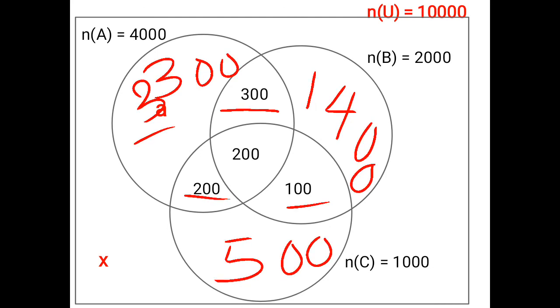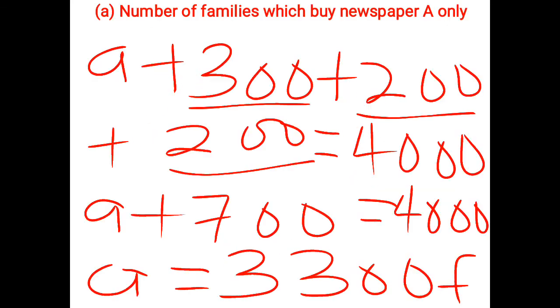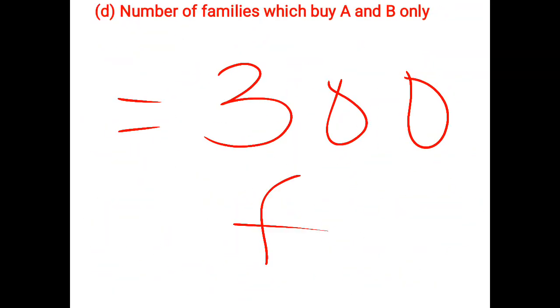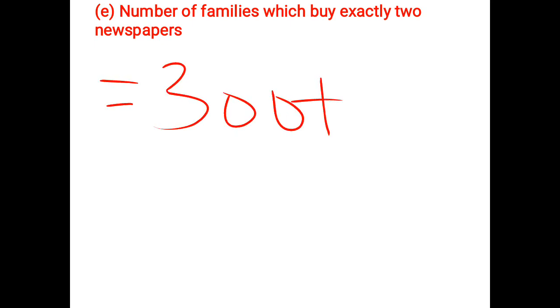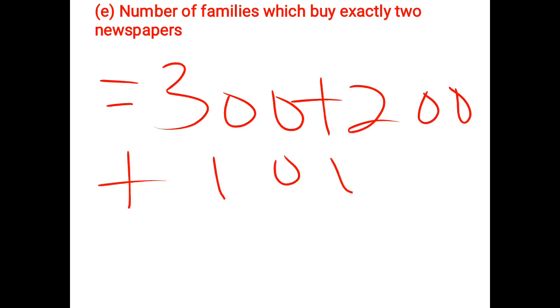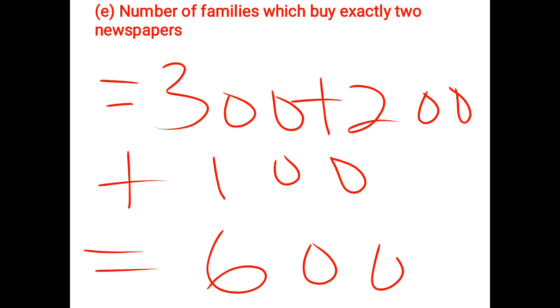So 300 plus 200 plus 100, which will give us 600 families. So that is that.